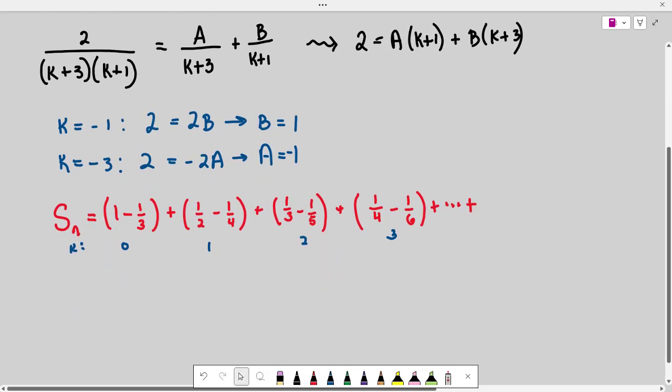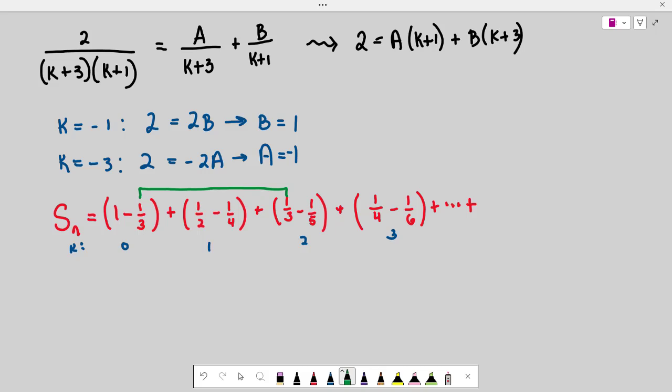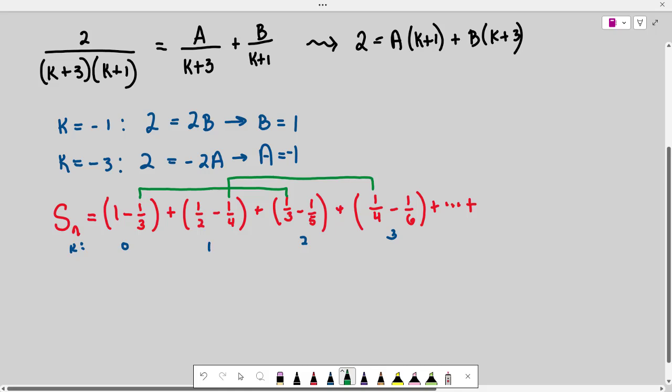And now we can see our pattern really well as we're going from left to right. The second part, we skip a term, and then we wipe out the first part of the next after a jump. So this second part is going to cancel with the first part of the next after a jump.